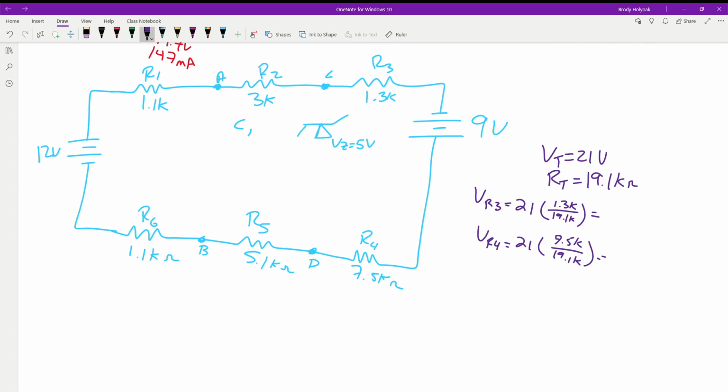You'd subtract them. Yep. Because again, everything has to add up to 0. So negative 12 plus, minus 9, plus. R4 is going to be a little bit less than half the voltage, so a little less than 10 is my guess.